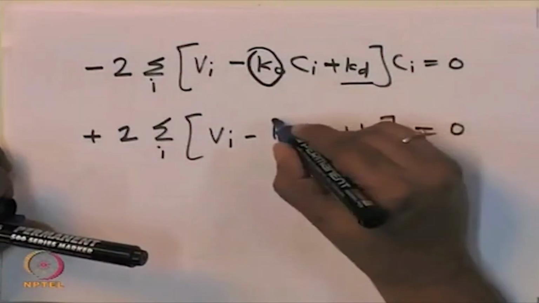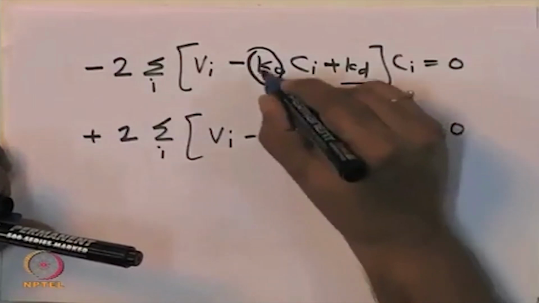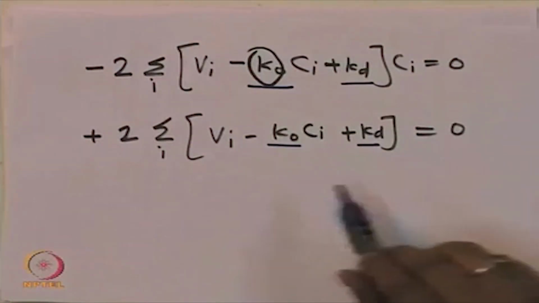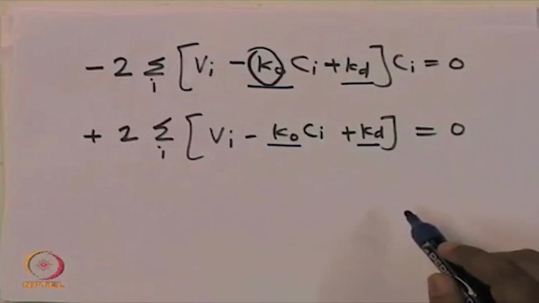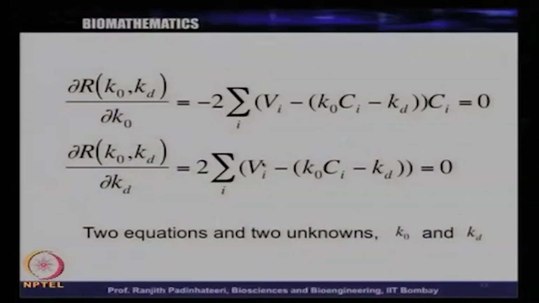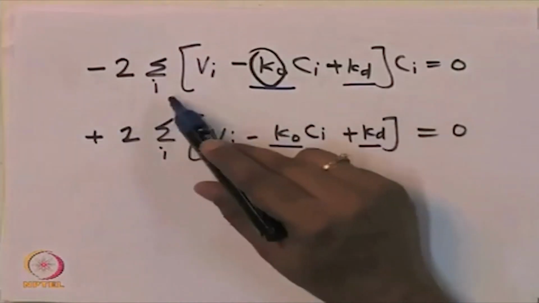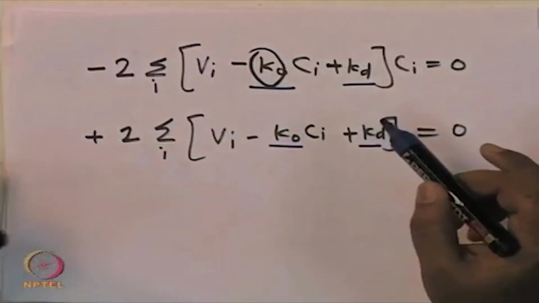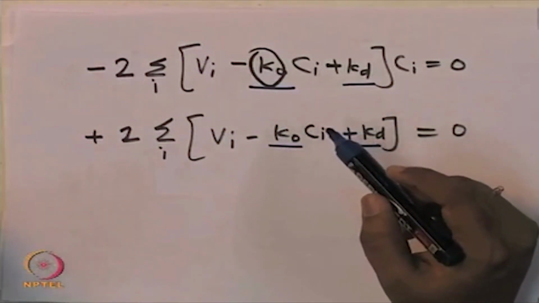So, 2 equations and 2 unknowns. If you have 2 equations and 2 unknowns, you can solve this. You can take the sum inside and rewrite this in a particular fashion. How do we rewrite it?